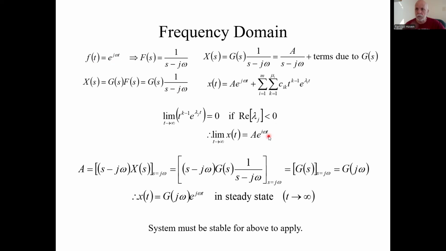It's the same frequency as the input. And what is this A? I won't go through this derivation, but it is just the transfer function itself where you plug in j omega for s. That's pretty amazing.